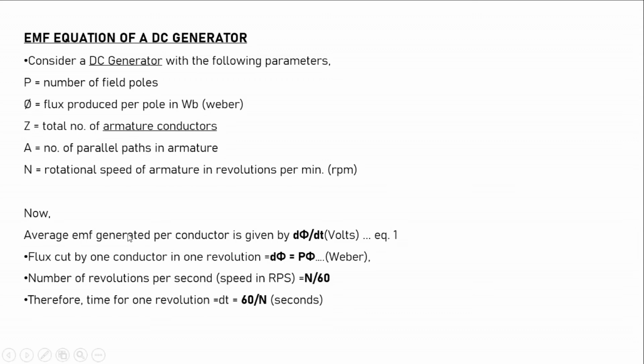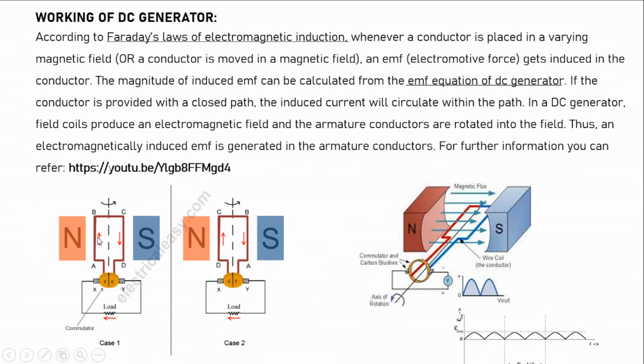Now the flux cut by one conductor in one revolution. When the conductor is rotating, in one revolution it has to undergo as many poles as are present.